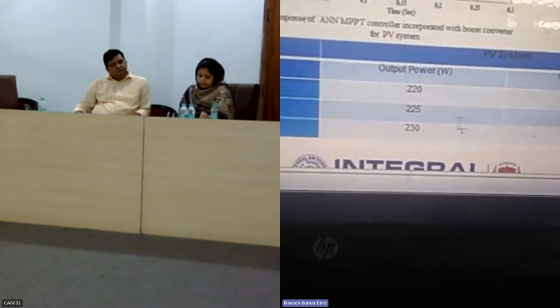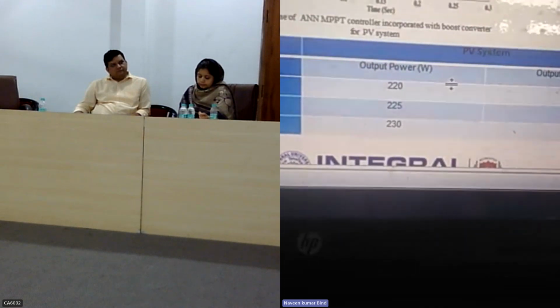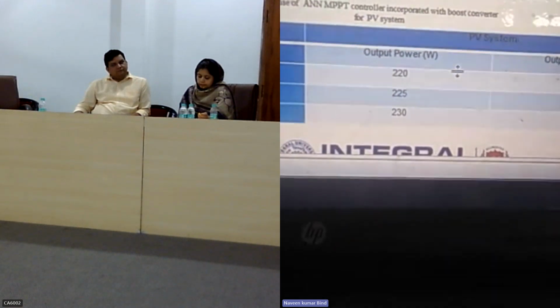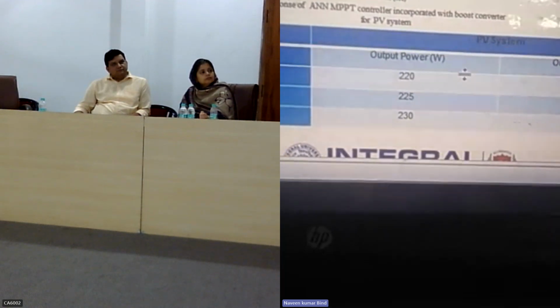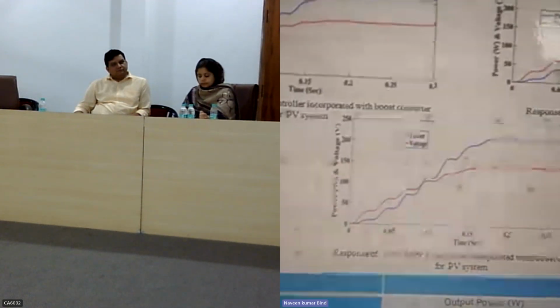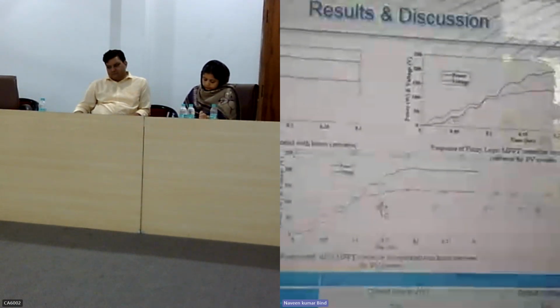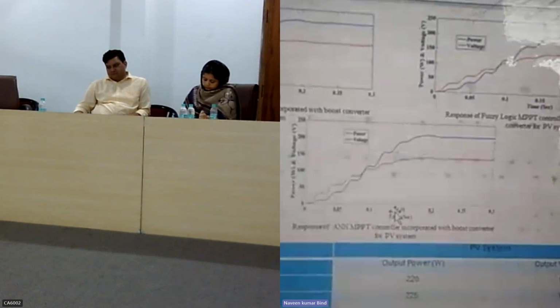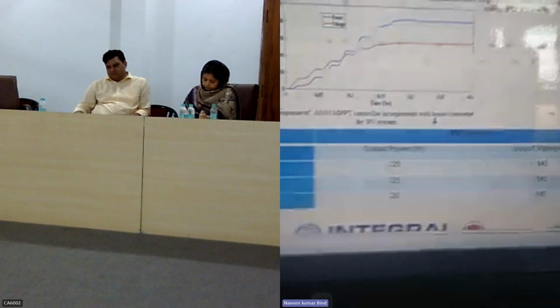So from this table, we can conclude that out of all the controllers, that means old ones like P&O and incremental conductance, and the new ones like fuzzy logic and NN, NN is giving the highest output power. This is the table which is showing the comparison of all three controllers, P&O, fuzzy logic and NN.